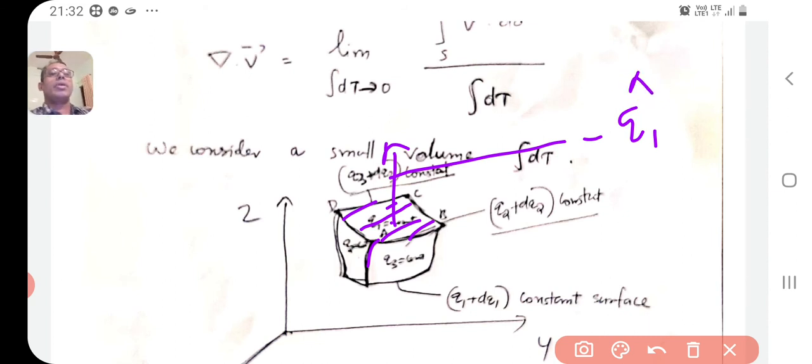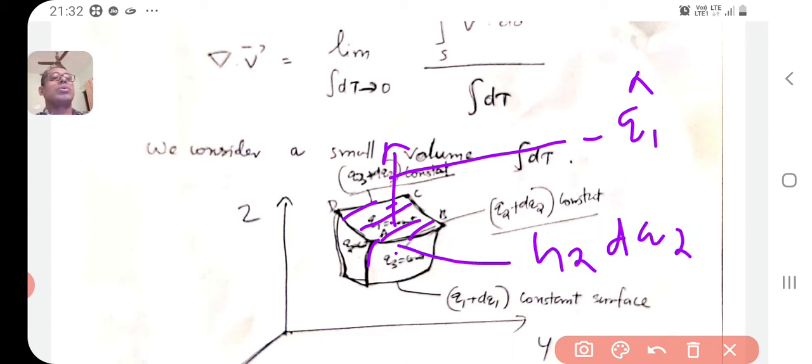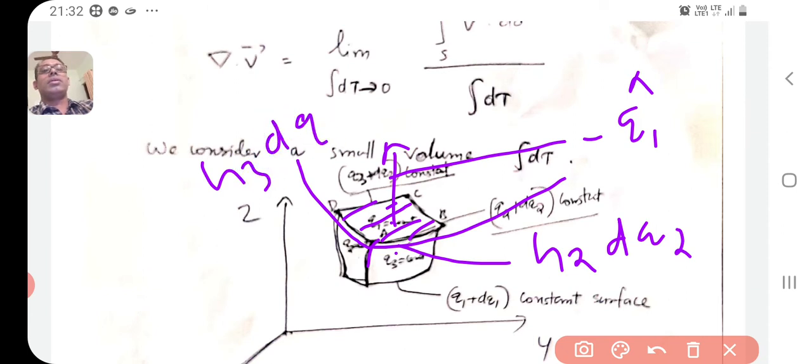And what are its edges? Here we have h2 dq2. Along this, q2 is changing, so h2 dq2, and q3 is changing in this fashion, so that will be h3 dq3.